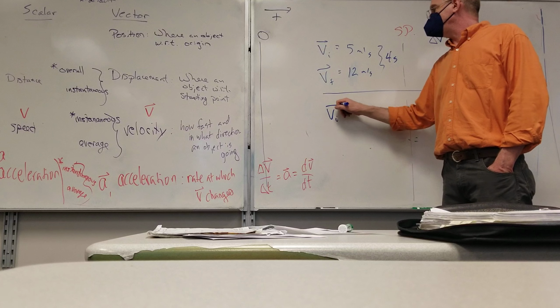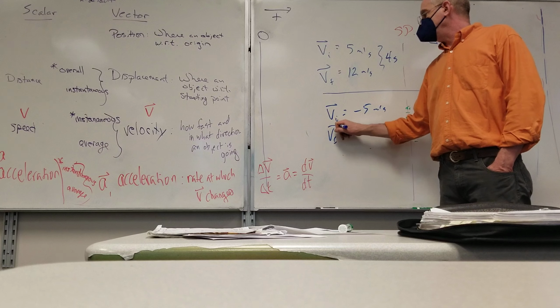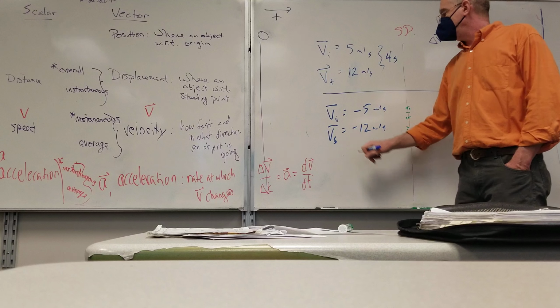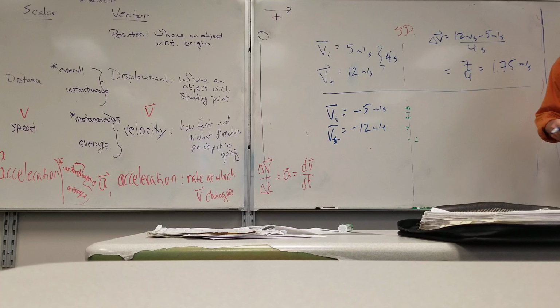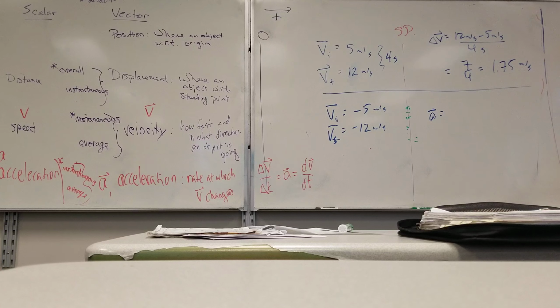If my initial velocity is negative 5 meters per second, and my final velocity is negative 12 meters per second, what's my acceleration now? Negative 1.75 meters per second. Ooh. It's not meters per second.